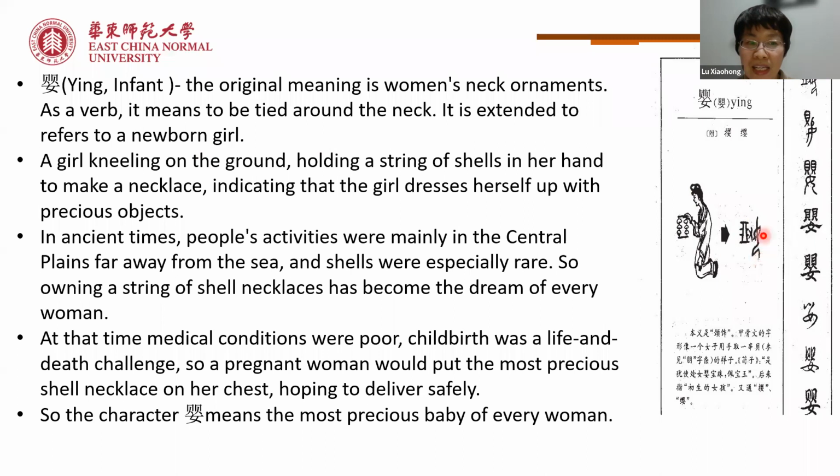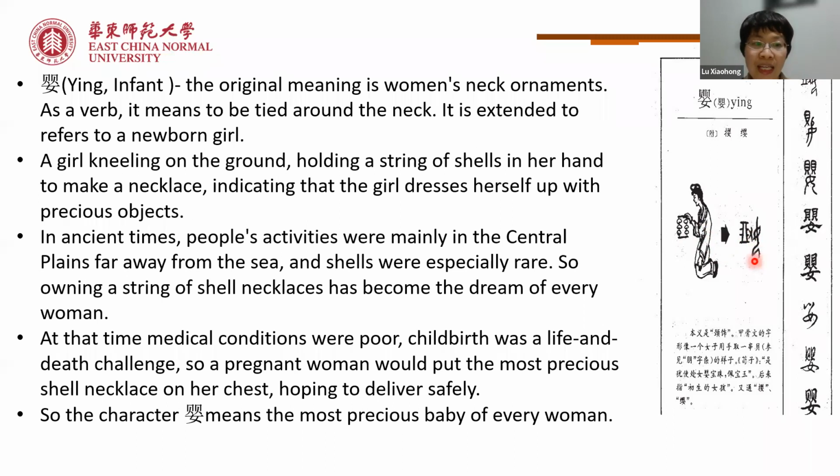Here you can see a girl, here the female, kneeling on the ground, holding a string of shells in her hand to make a necklace. So this means that the girl dressed herself up with precious objects.